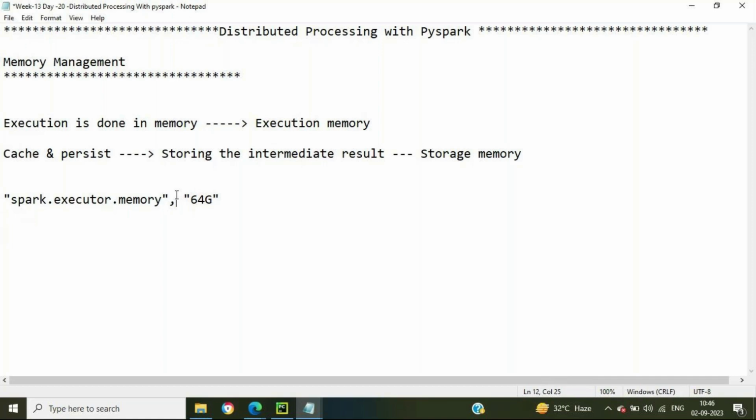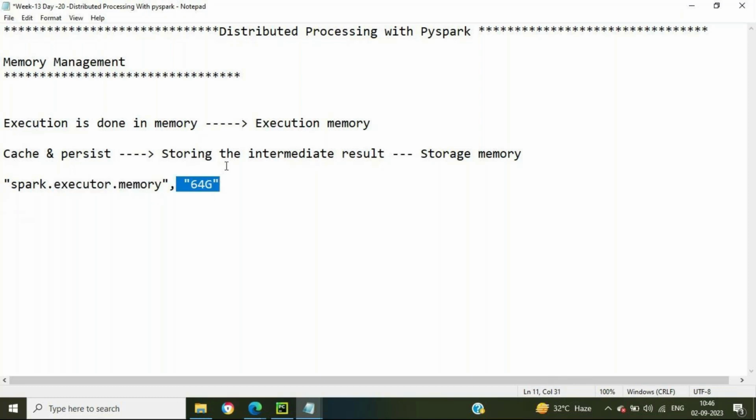Do I mention whether this is for execution memory or for storage memory? No, I have not mentioned it that way. I have given the executor memory, and that is 64 GB.